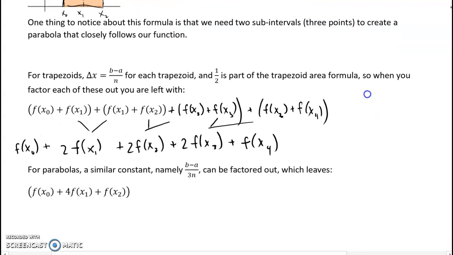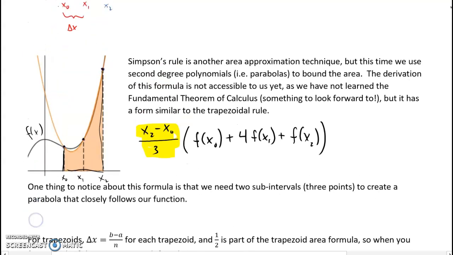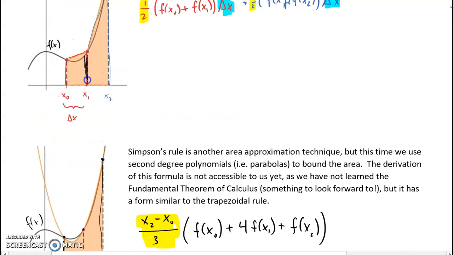But if we were to continue this to a second and maybe even third parabola, again, the b minus a over 3n got factored out, but our next parabolic chunk is going to start off at x2, f of x2, exactly where the last one left off, right? F of x1 is where we left off here. We picked up where we left off because we've got that common border between the two trapezoids.